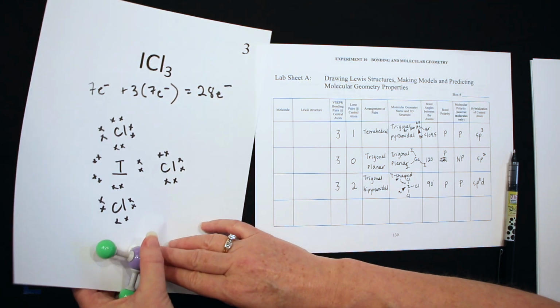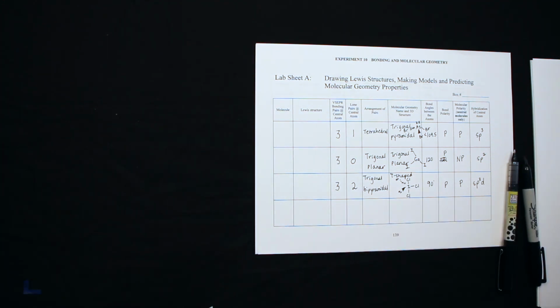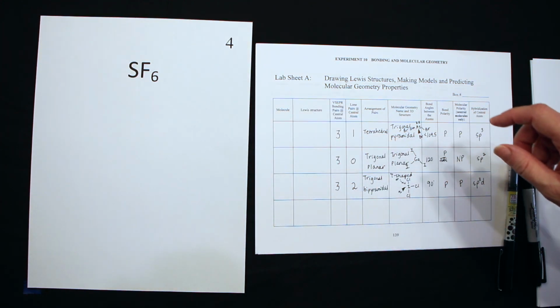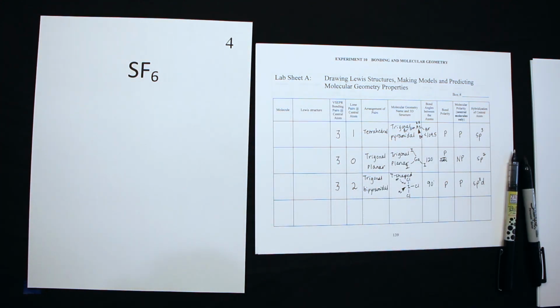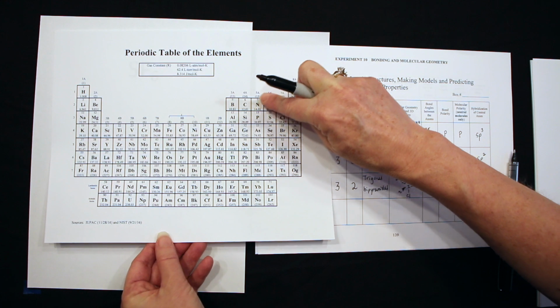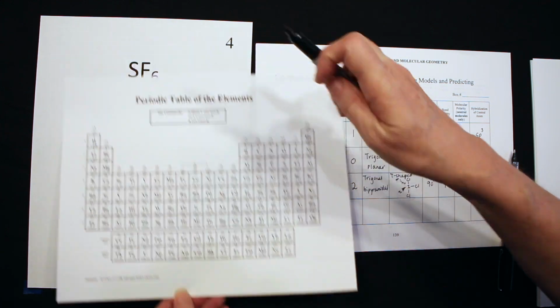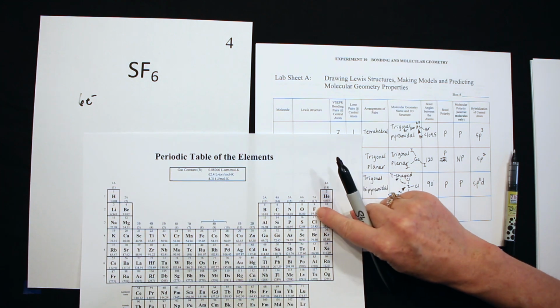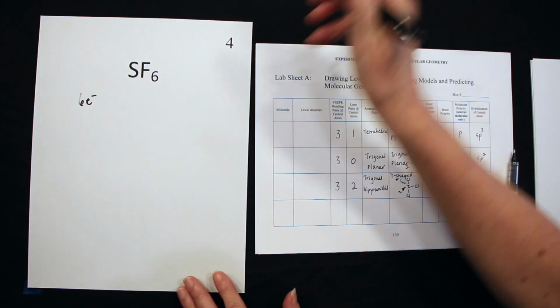Let's do the last one on this sheet. We've got sulfur hexafluoride. Sulfur is in group 6, so it has 6 electrons, and fluorine is in group 7.